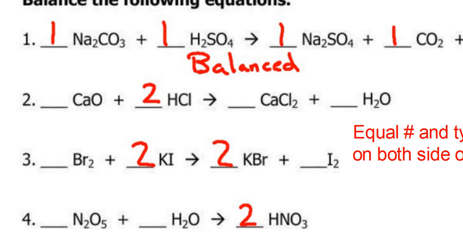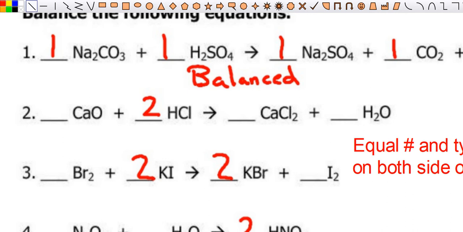Number 2. When we looked at number 2 originally, this number here was not given to us. So let's just kind of block it out for a second, just for fun. There we go.